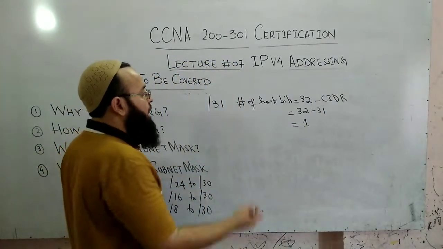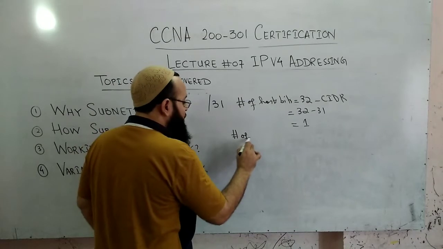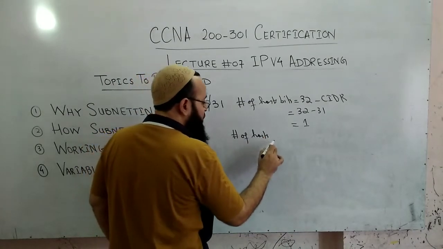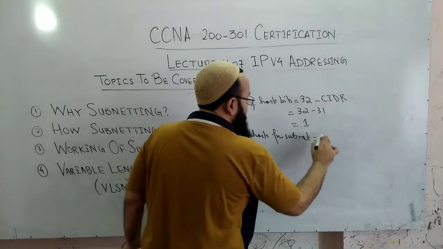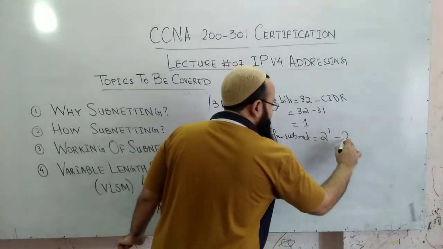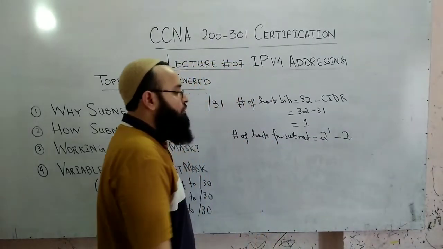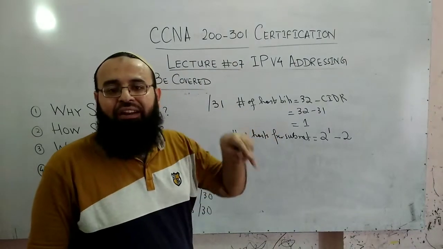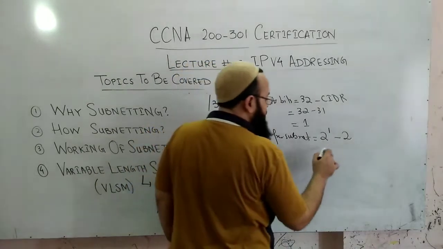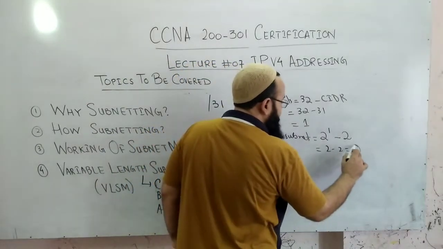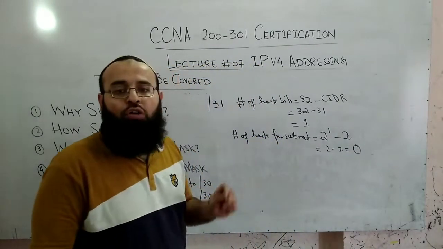So how many hosts will there be? The number of hosts per subnet can be found by 2 to the power 1, but you have to subtract 2 also for the network address and the broadcast address. So you are left with nothing. 2 to the power 1 minus 2 is 2 minus 2, which is 0. So you are left with no host in the subnetwork.